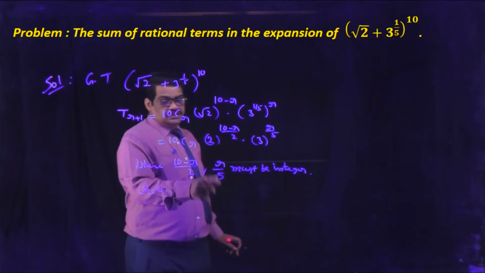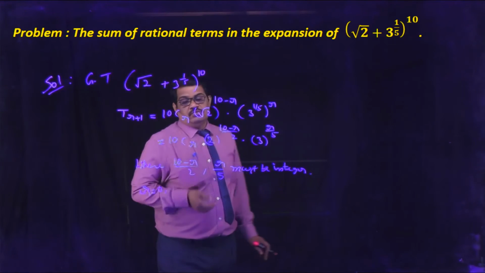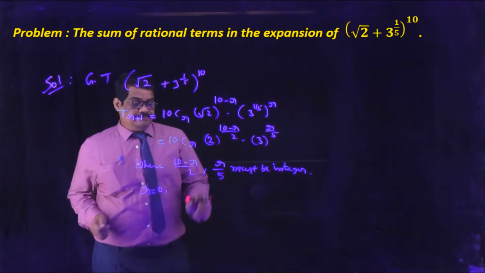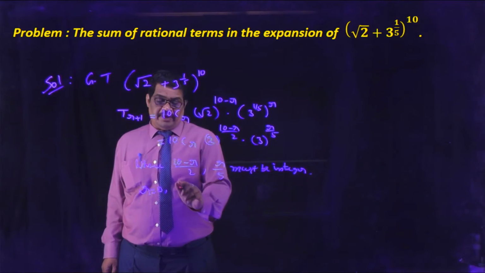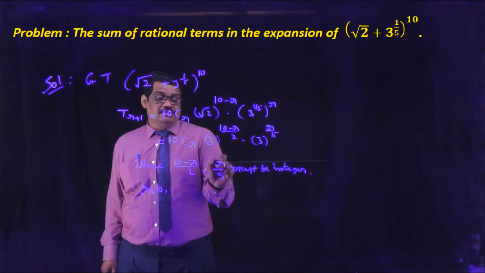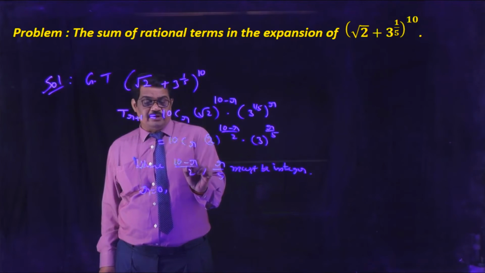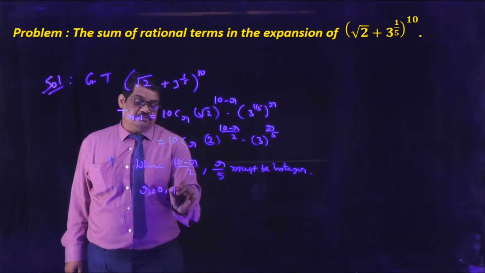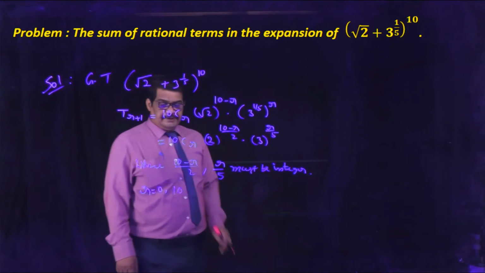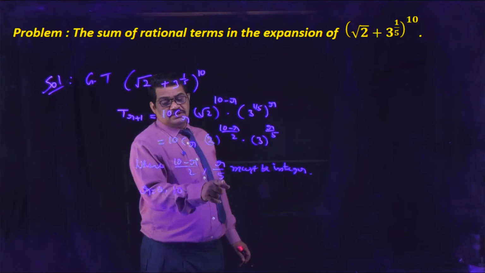Then this is an integer, and this is also an integer. So 10 by 2 is divisible by 2. Okay, next we take r equal to 5. If we take 5, then 5 by 5 is an integer, but (10 minus 5) by 2 is not an integer. So then we take 10. Okay, so if we take 5, it is an integer.